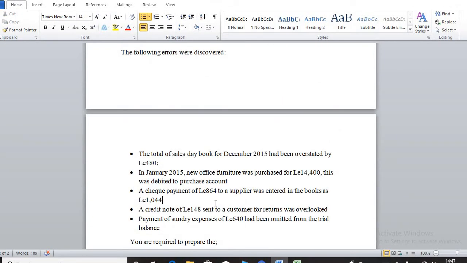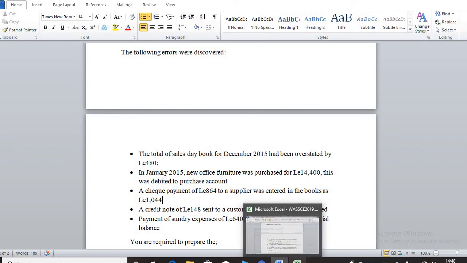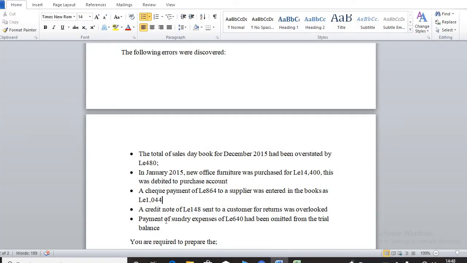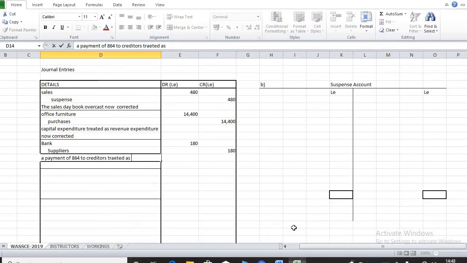A payment of 864 to creditors treated as, what was the amount recorded? 1044, treated as 1044 in the books now corrected.